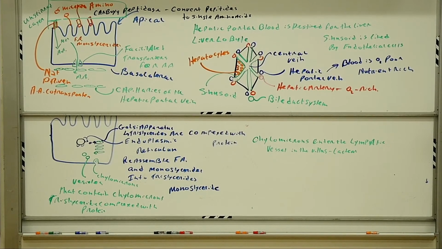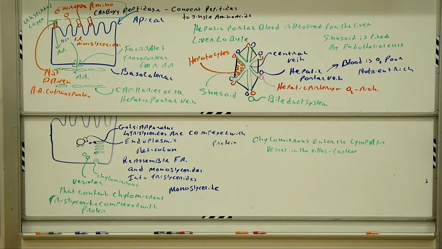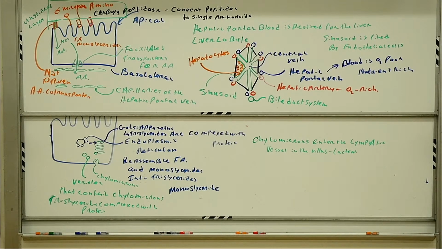Then those are held together as a sort of micelle with the bile salts and bile acids. But then once they get into the stirred layer and contact the plasma membranes of the enterocytes, the fatty acids and the monoglycerides, because they're so lipophilic, go right into the cell.